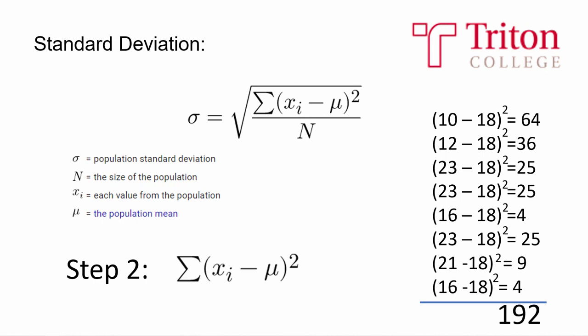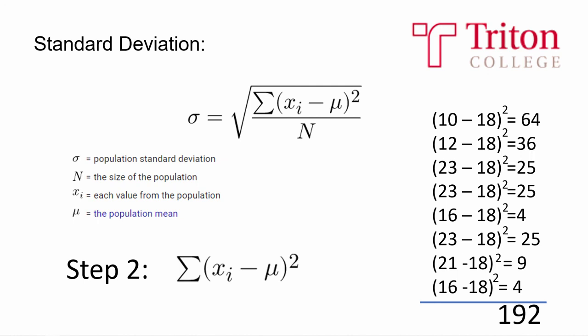On the right-hand side, I'm taking my samples of how many minutes it takes me to get to school, subtracting the mean, squaring it, and then summing it. Everything you see on the right-hand side where I get 192 is what you see in the numerator of this fraction. So we got 192 as the numerator.